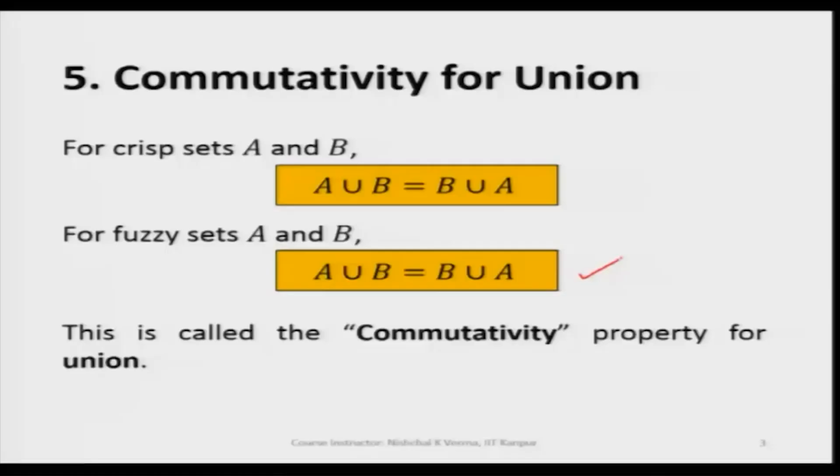If we take two fuzzy sets A and B, let us see whether we get A union B equal to B union A or not. Of course, we will be getting these two equal.